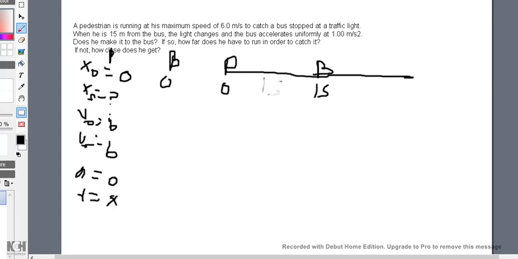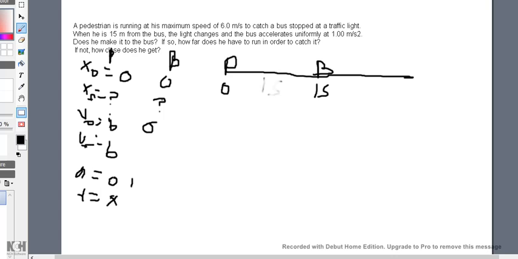The bus is at what? Rest. Right? We know his initial velocity is 0. We know his acceleration is what? 1. Does he make it to the bus? Let's see what happens. If so, how far does he have to run in order to catch it?